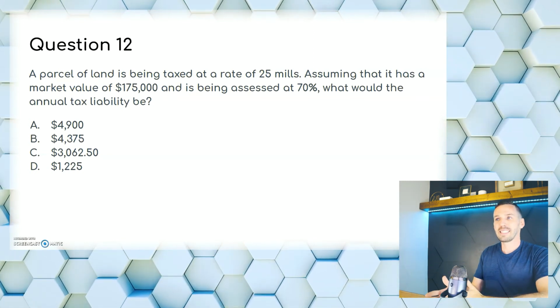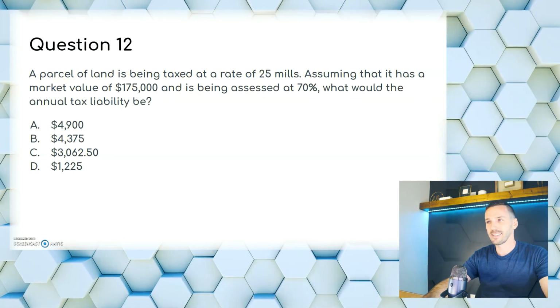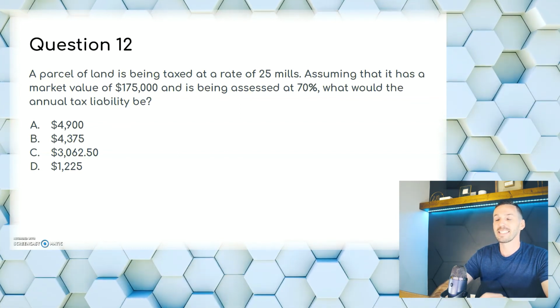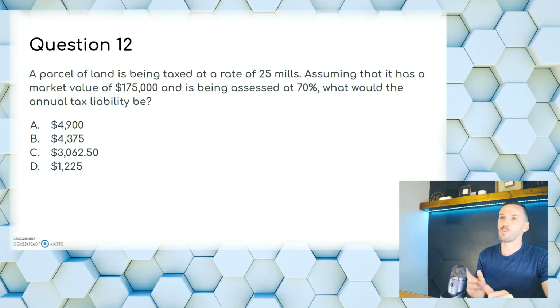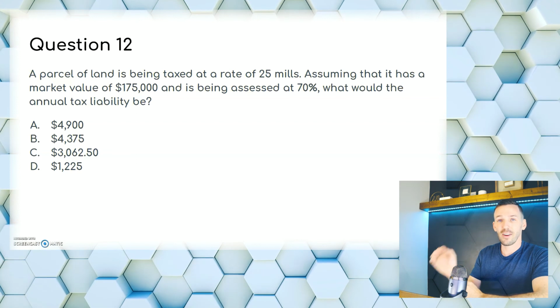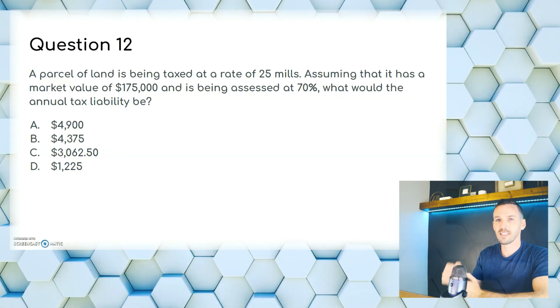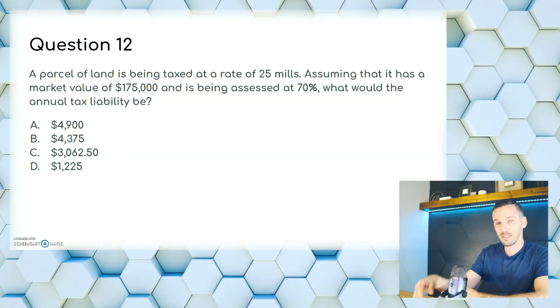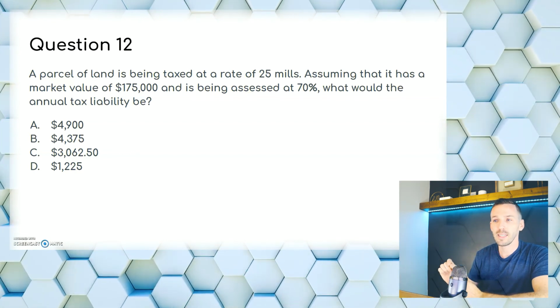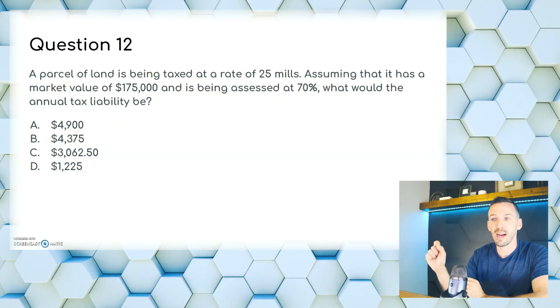Question 12. A parcel of land is being taxed at a rate of 25 mils, assuming that it has a market value of $170,000 and is being assessed at 70%. What would the annual tax liability be? 70% of $175,000 is $122,500 of assessed value. 25 mils is 0.0250.